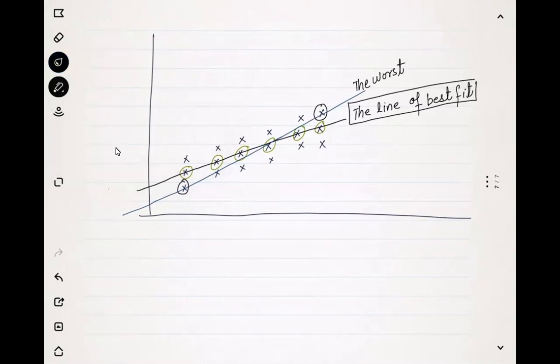Basically, through the central points, you draw a line that is called the line of best fit, as you see here. Then you select the lower extreme of the starting point and the upper extreme of the ending point. You join them, and you label this line as the worst acceptable line. So you always draw two lines, the best fit line and the worst acceptable line.